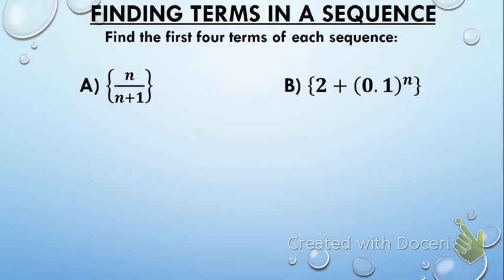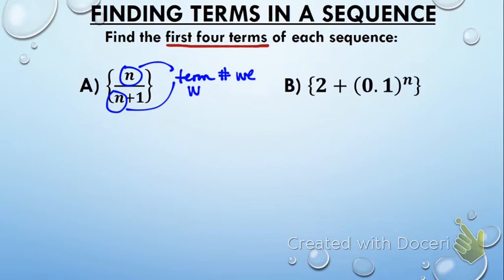Let's practice finding some terms in sequences. We're going to find the first 4 terms. What does n stand in for again? Any term in the sequence that we want to find. So these n's right here are the term number we want.